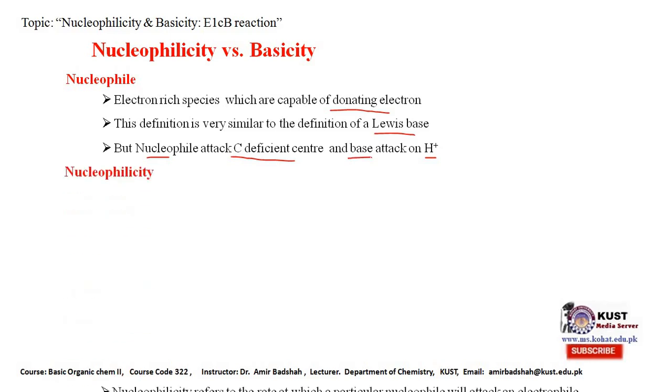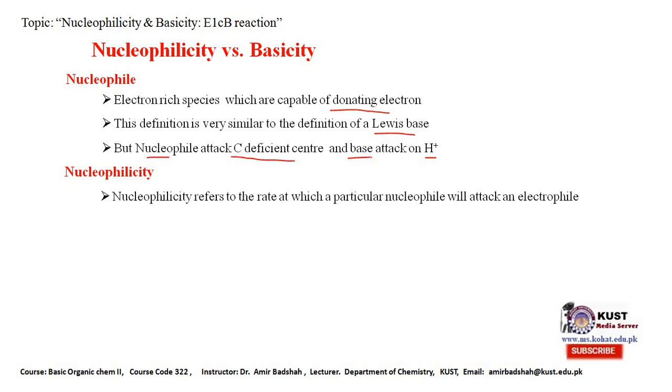Now, what is nucleophilicity? Nucleophilicity is a rate phenomenon, or you can say it is a kinetic phenomenon, in which a nucleophile attacks an electrophile. So if a nucleophile attacks at a high rate, then we can say that the nucleophilicity of the nucleophile is higher.